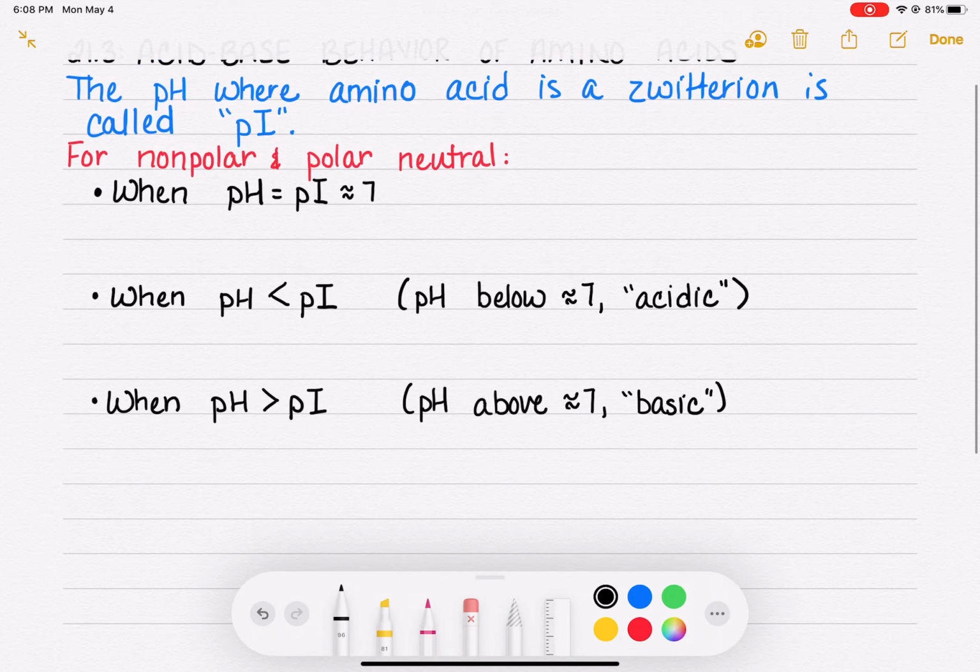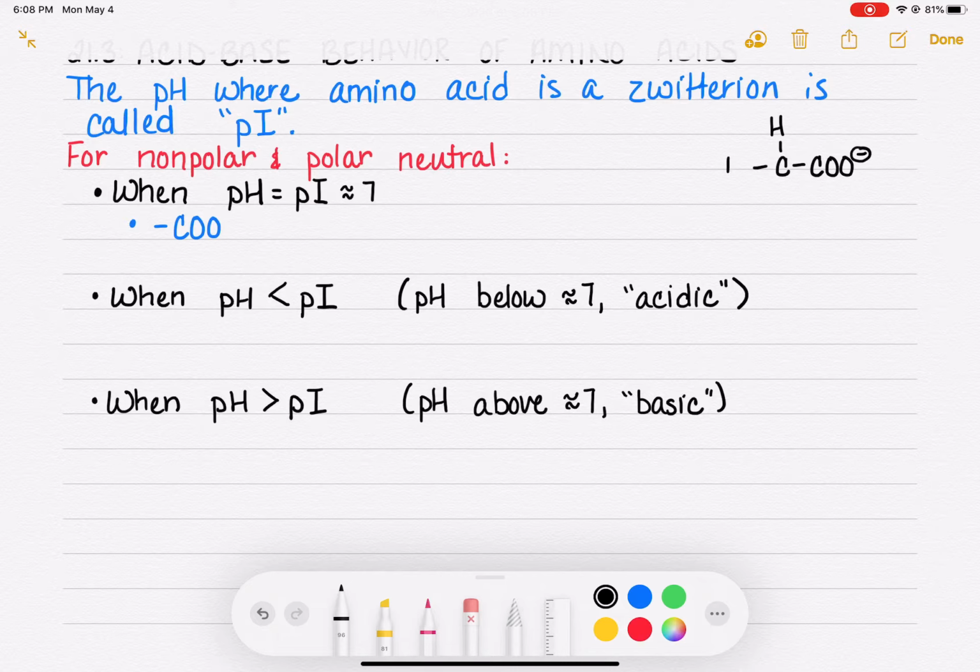So what do these different pHs do to the structure of the amino acid? When the pH is about the same as 7, when the pH is equal to the pI, the COO group, as we get into this, let me redraw the general structure of an amino acid over here. So we have our amino acid general structure, zwitterion form.